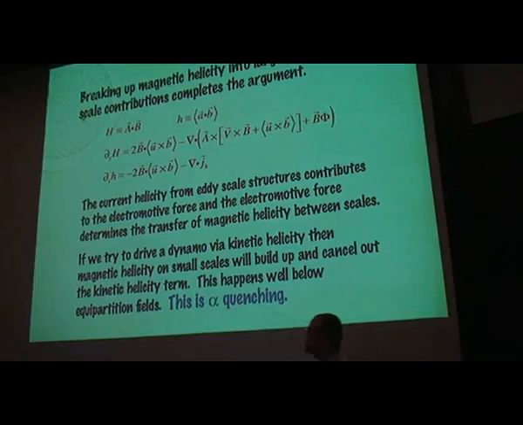So regardless of the source that you use to drive this, you get alpha quenching from the back reaction from little h. And that sets in early, before you've done very much to your large scale field. Very much is a context-dependent statement, but certainly well before you reach any kind of equipartition with the turbulence.